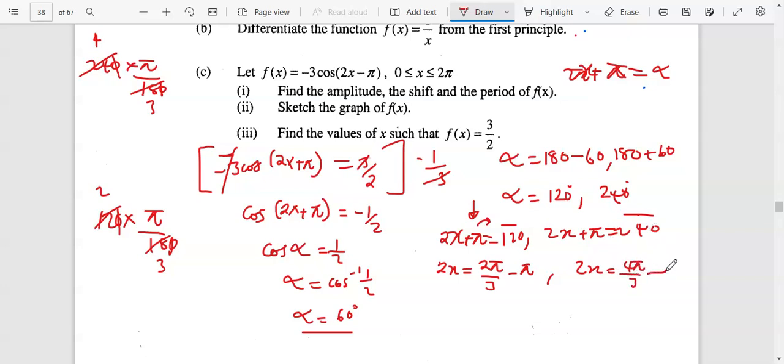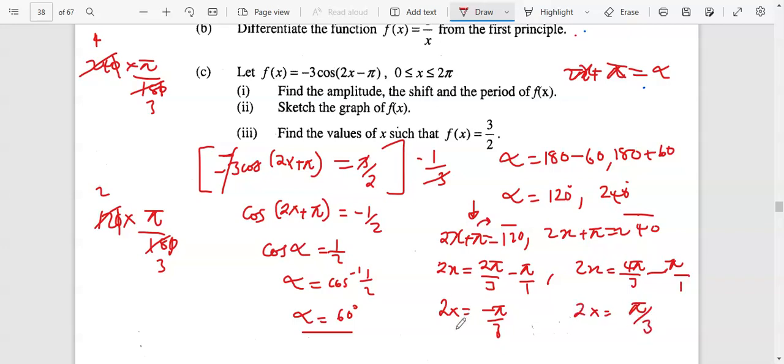Take pi the other side, so minus pi. So I have 2x equals 2 pi over 3 minus 3 pi over 3, which is negative pi over 3. And then this side we're going to have 2x equals 4 pi minus 3 pi over 3, which is pi over 3.